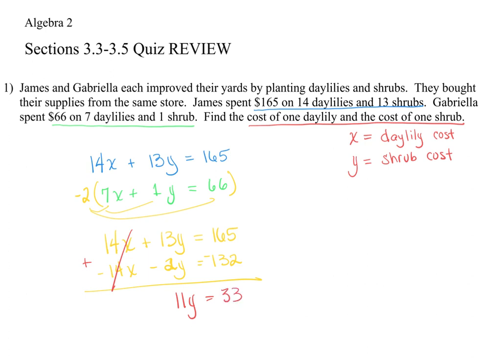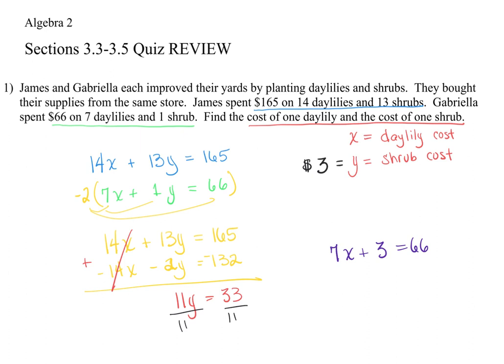So how many shrubs do I have? 33 divided by that 11. I have 3 shrubs. Or not really 3 shrubs, I actually have $3 per shrub. How do I find out how much the daylilies cost? I just plug it in. I'm going to take either equation, it doesn't matter. 7x plus 1 times 3 equals 66.